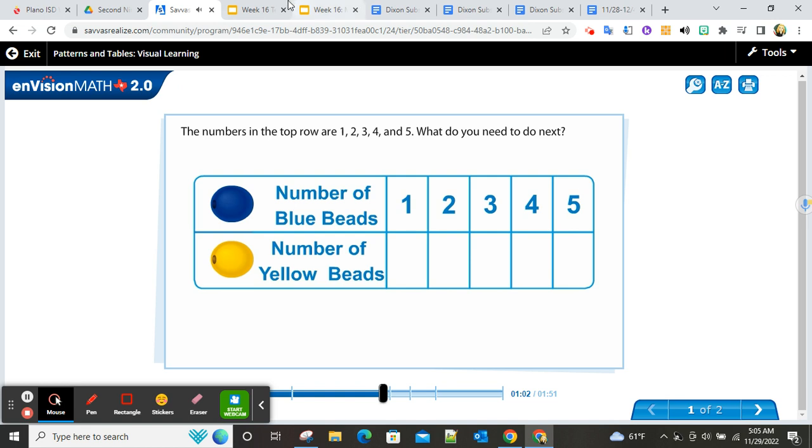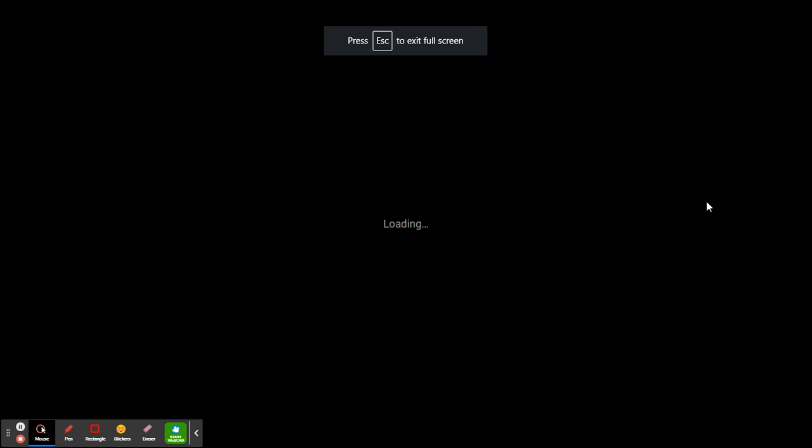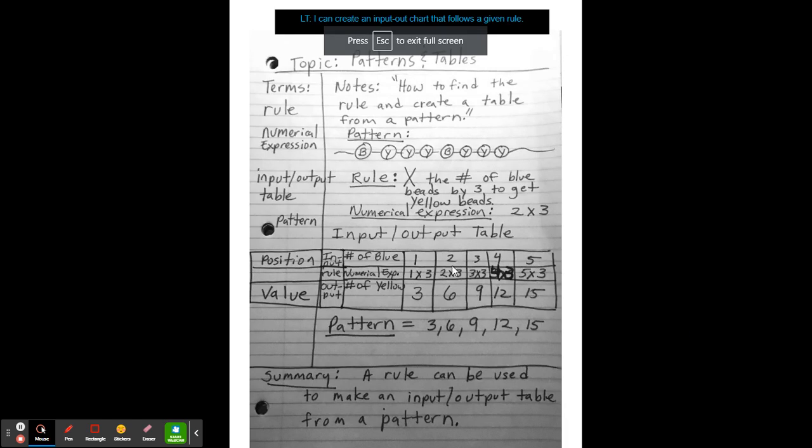So let's look at the notebook again. I did write down numerical expression, and I wrote down 2 times 3. And then when I drew my input output table, you'll notice, I know mine's a little bit complicated. They have number of blue beads, number of yellow beads.